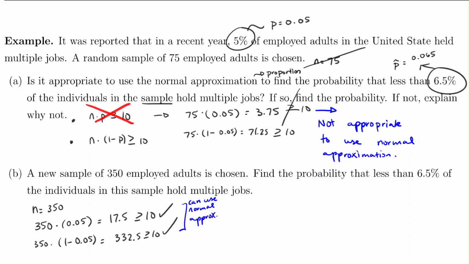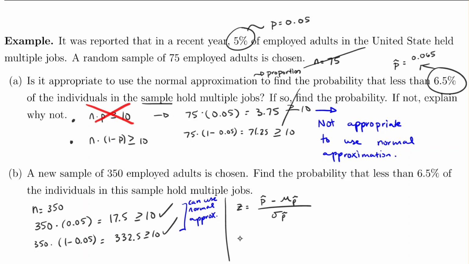And once I can use normal approximation, I've got access to very strong tools in my cumulative distribution chart, my z-scores. Now, this is a normal approximation for a population proportion. And when we're dealing with a normal approximation for population proportion, while I'm looking for a z-score, the formula is not the same as what we've seen before. Instead, if you look back in your notes from this section, the z-score is the p hat, the sample proportion, minus mu of p hat divided by sigma of p hat.